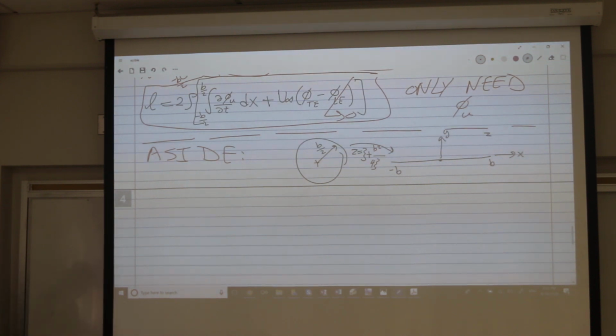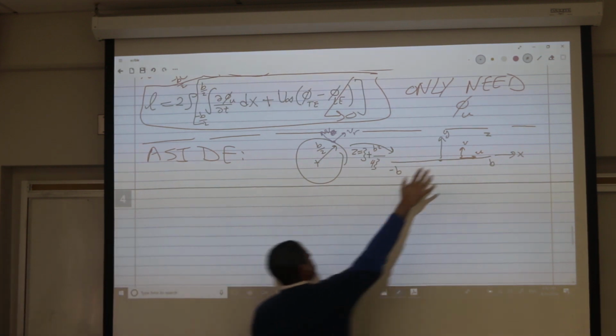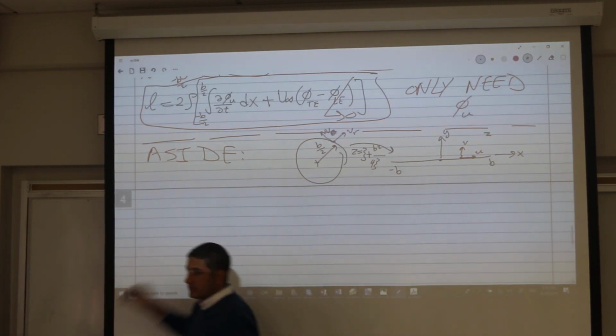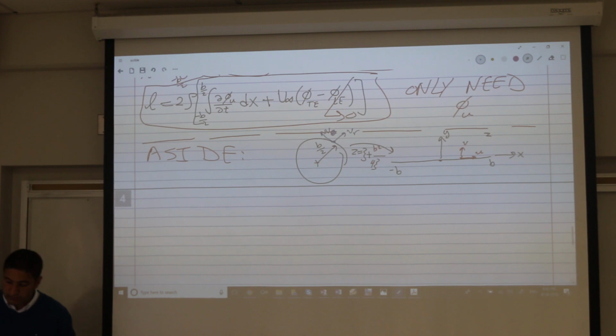Okay. On the plate I have here u and v. And on the cylinder I also have u and v, but it's convenient to do it as V_r and V theta. What is the relation between these two components and these two components? This is coming from the mapping.